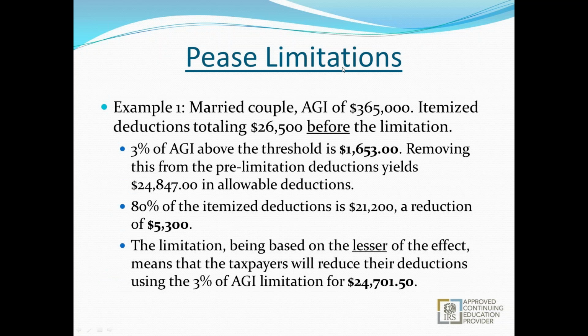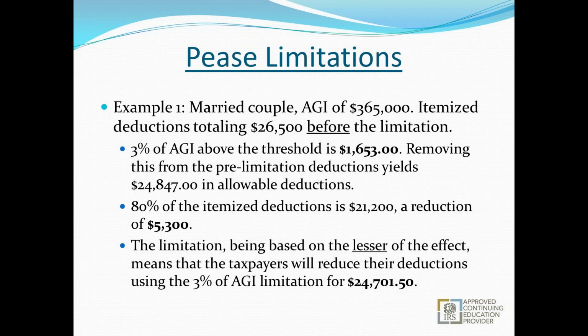So you take their $309,900 and subtract it from their AGI, and then multiply that amount by 3%, you're going to get $1,653. If you take $1,653 out of that $26,500, you're looking at $24,847 in allowable deductions. So their itemized deductions are basically going to drop by a little over $1,650.